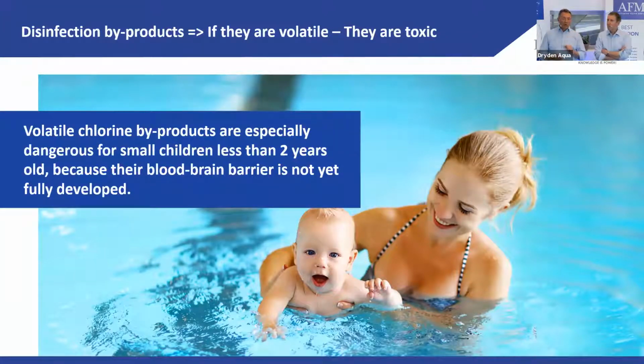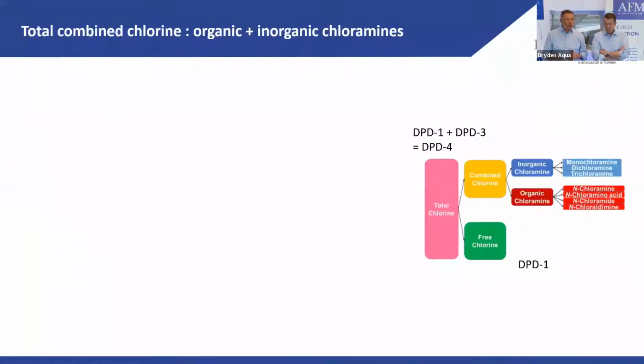So why do we talk about all this? We have seen with AFM, we have a great solution to reduce chloroforms. Very good solution. But what about combined chlorine? Let's go quickly back to chlorine. You remember the DPD measurements, the Lovibond measurements.